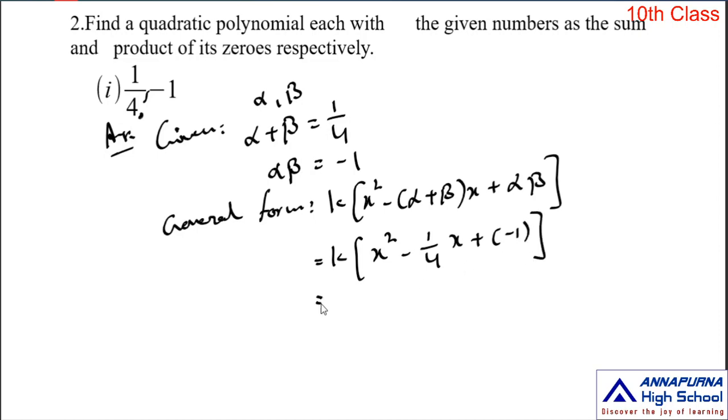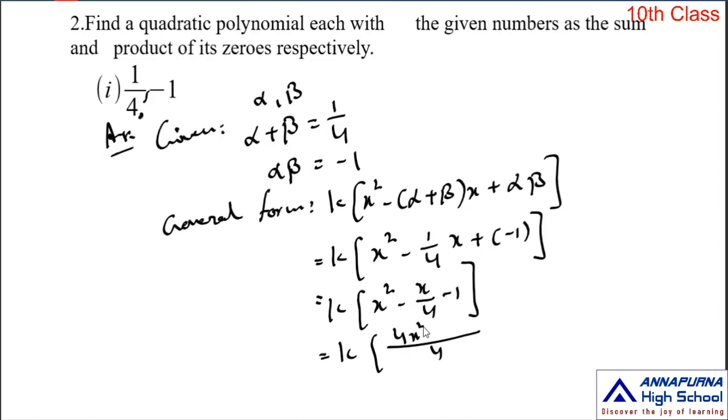So that is equal to k into x square minus 1 by 4 into x, that means x by 4, plus into minus 1. Now simplify the expression. Here the LCM is 4 and the numerator is 4x square minus x minus 4.